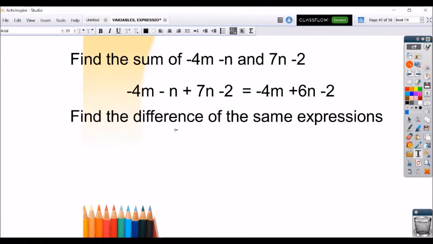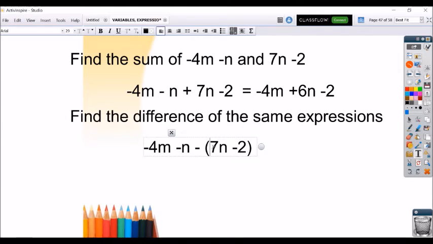Now for this question, it wants us to find the difference of these two expressions. So I'm going to start typing. Okay, so I have -4m minus n minus 7n minus 2. Now in this case, I'm distributing a negative to these two terms.